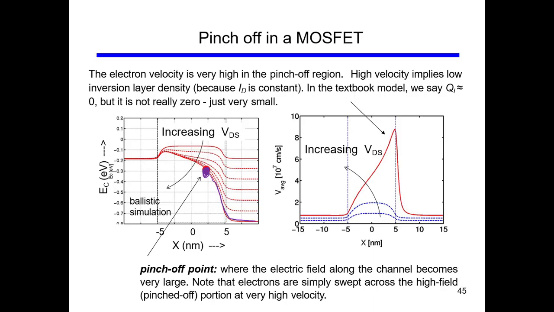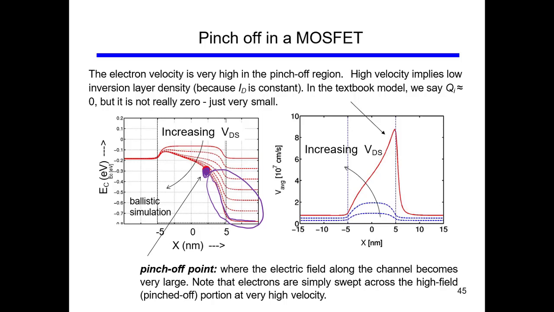So the electric field beyond this point is very, very strong, and even if we have very little charge, the charge per unit time is the same as in the rest of the channel. So this explains the pinch off point.